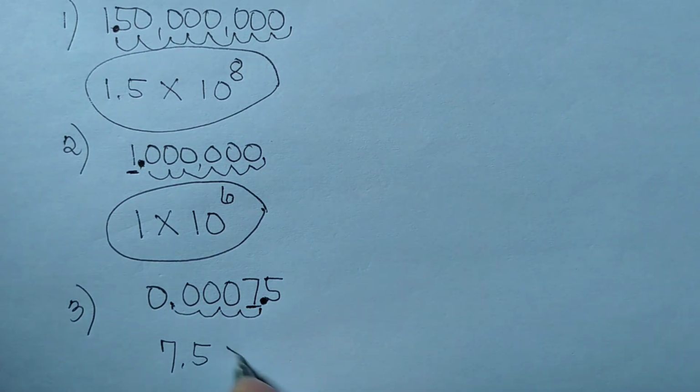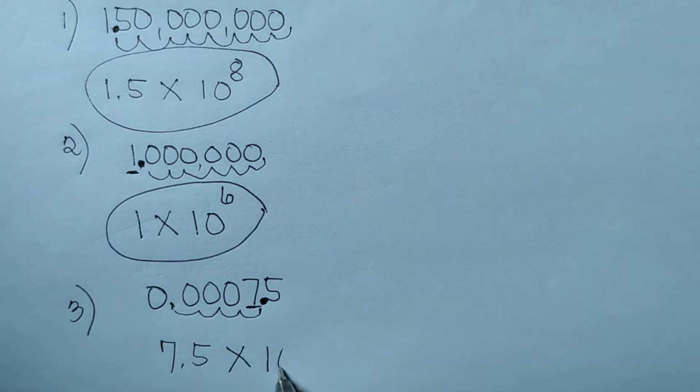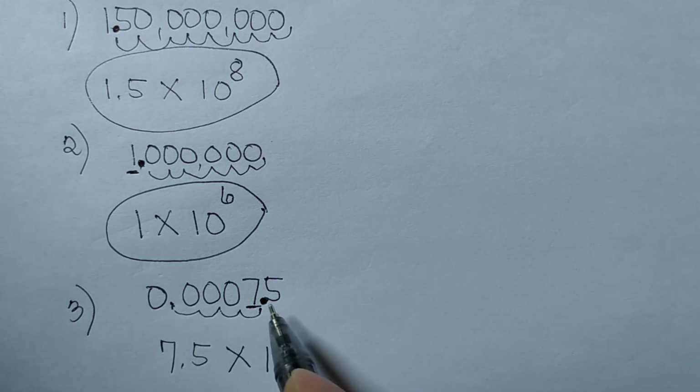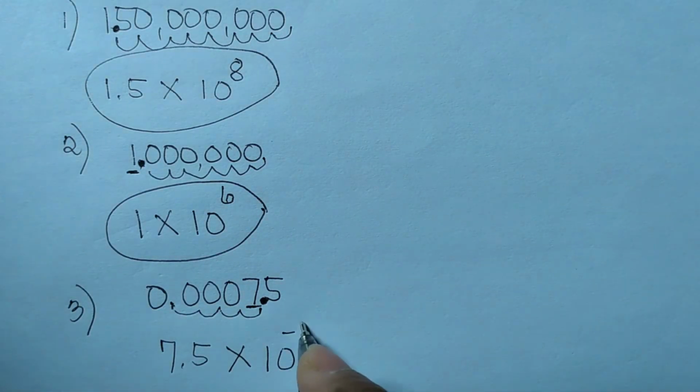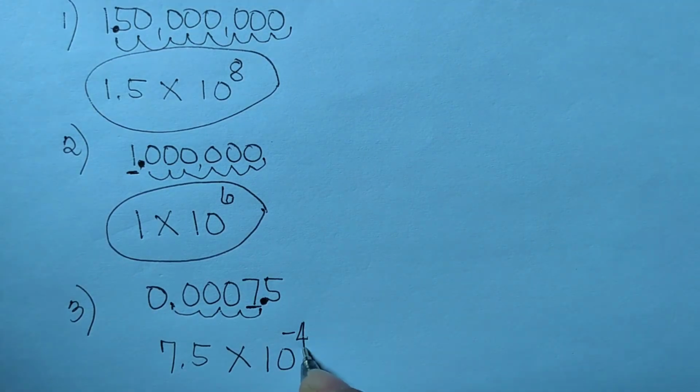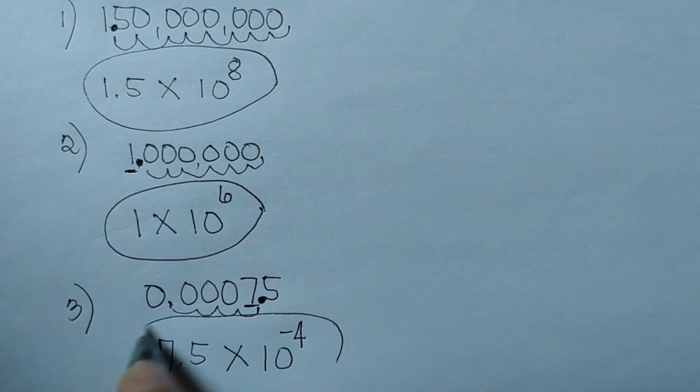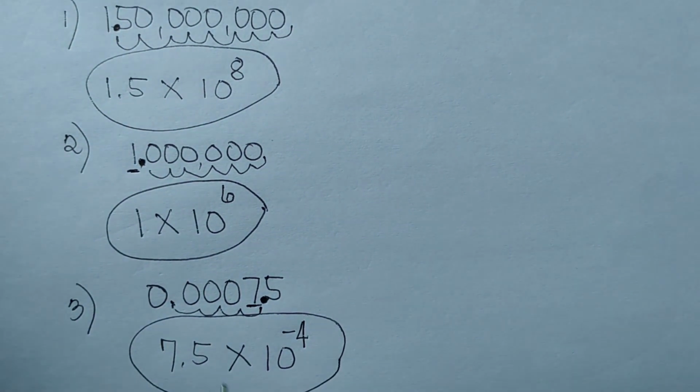So 7.5 times 10 raised to the power of, if you move your decimal point to the right, it indicates a negative exponent. So you move 4 times. So that is negative 4. So this is our scientific notation for this small number.